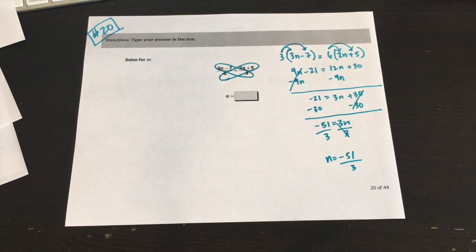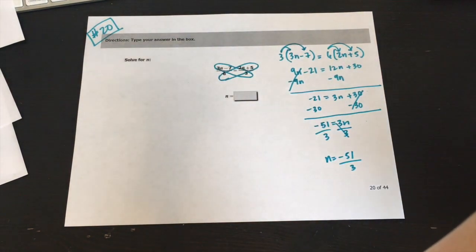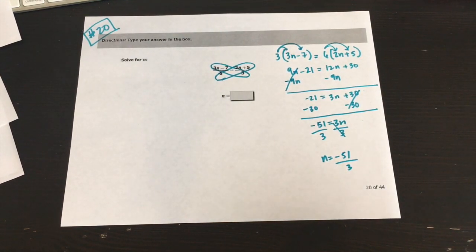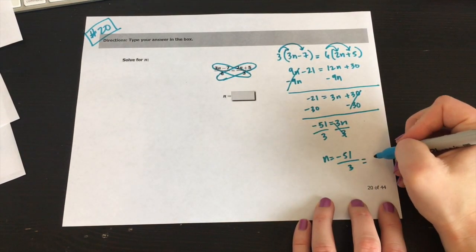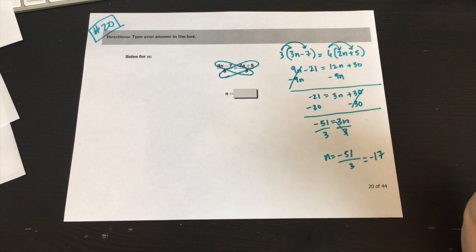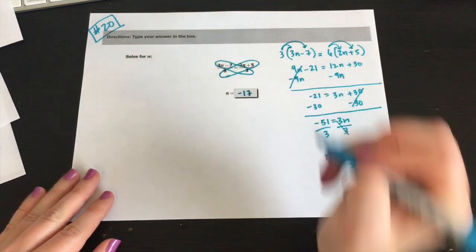I don't know that that reduces out. Maybe it does. Let's put it in the calculator just to be safe. It does. Look at that. I'm glad I put it in. Negative 17. So n is equal to a negative 17.